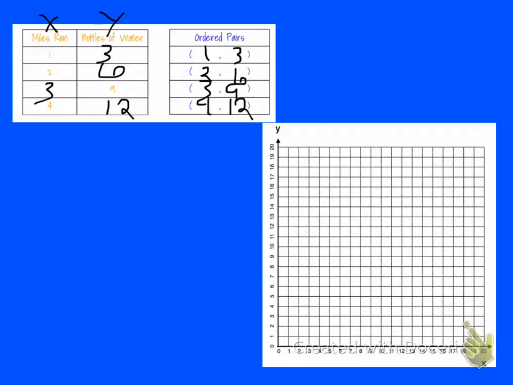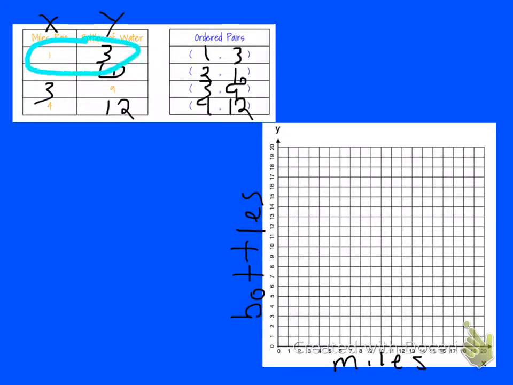Now we are going to graph these. I need to label my graph first. So my x is going to be the miles, and the y is going to be the bottles of water. Now I'm going to go ahead and start plotting.